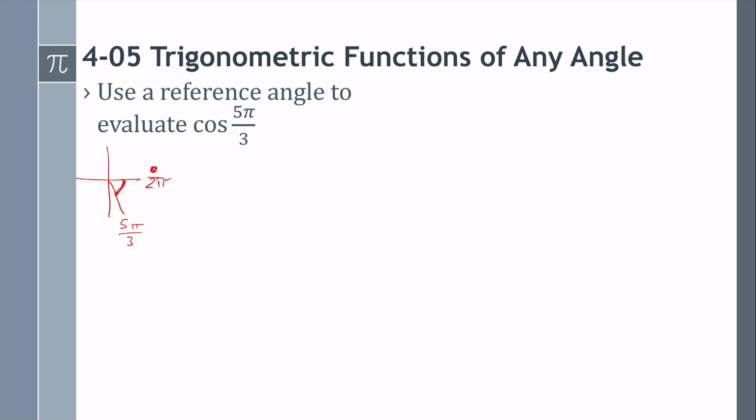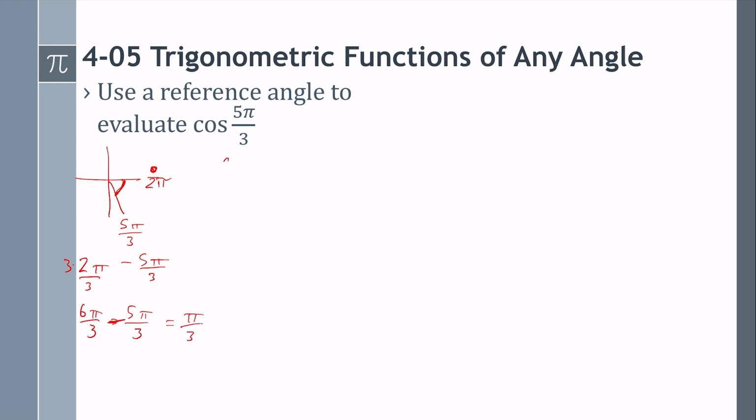And we are closer to the 2 pi, so we'll subtract the 5 pi over 3 from the 2 pi. Get a common denominator. And we get 1 pi over 3 for our reference angle.